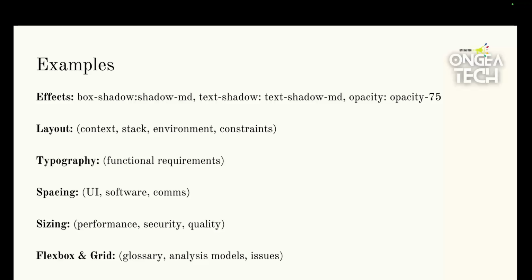Some examples of these classes: if you want to put an effect on your box shadow, you can use shadow-md. MD here just means medium. If it's a text shadow, you can use this class, or for opacity, you can use opacity dash and then the number of opacity percentage.